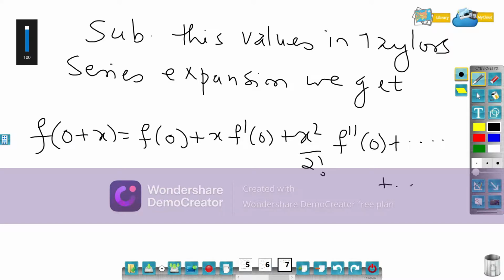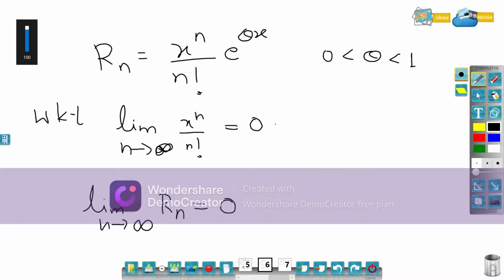This is an infinite sum since n goes to infinity, so writing this dot dot dot infinite series is equally important. But then f(x) is equal to e raised to x.